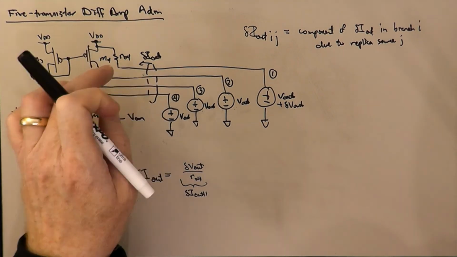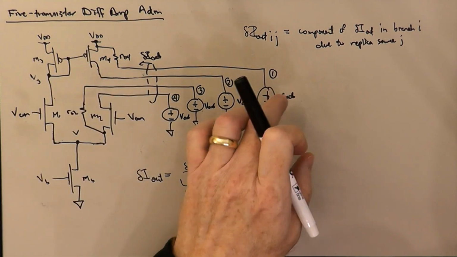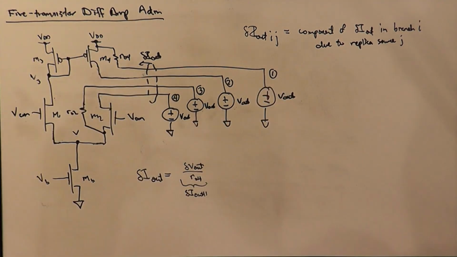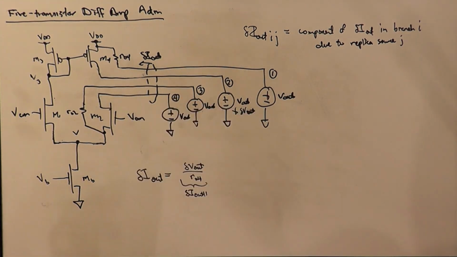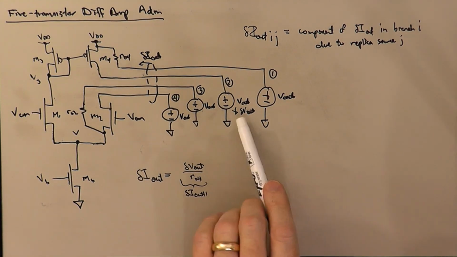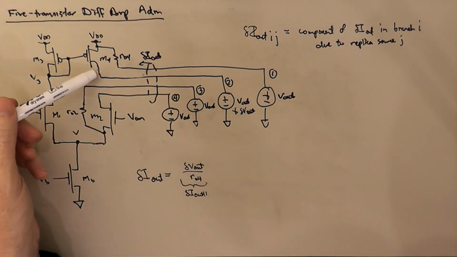And so now we're going to move on to branch 2, or replica source 2. So what are we connected to here? Well, we're connected to the drain of M4, and M4 is saturated.